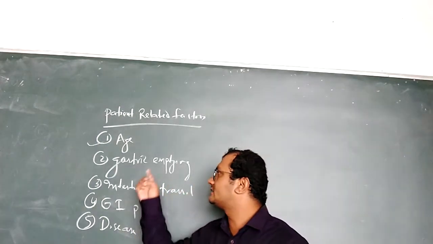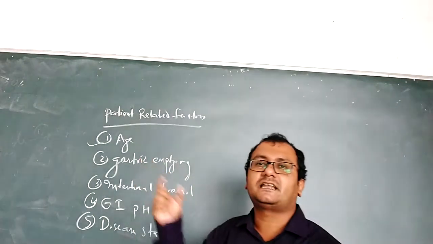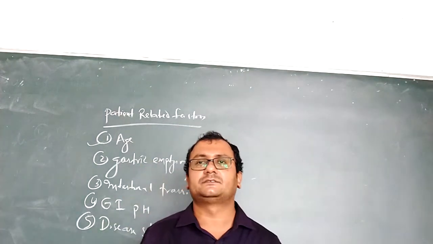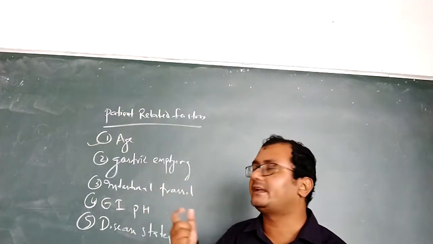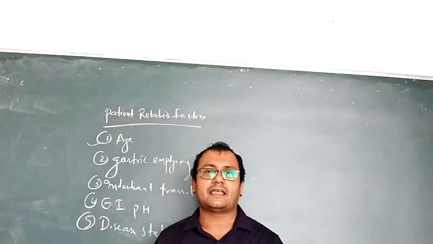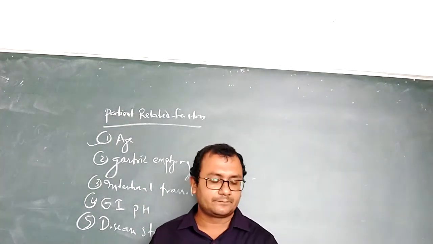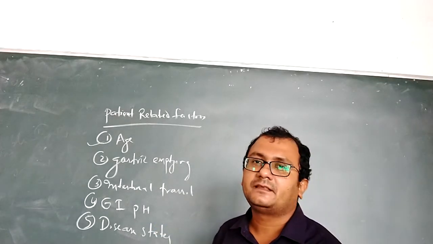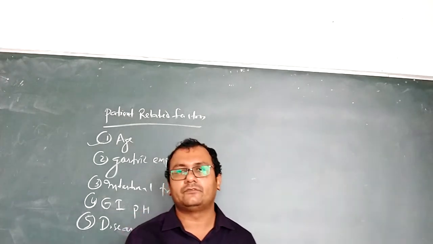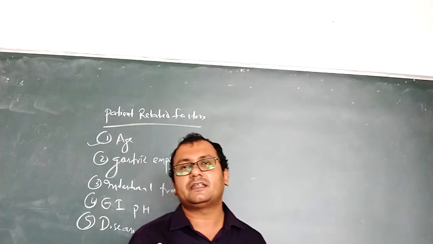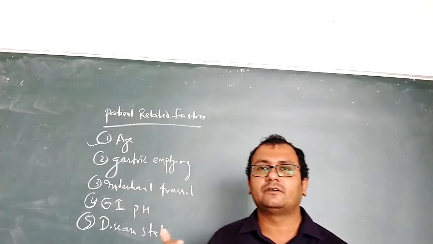It's not only these three parameters; there are many factors which individually affect gastric emptying time. Let us discuss them slightly. The first is volume of meal. If you are taking a heavy meal, a large amount of food, then the gastric emptying time will be slower. Next, composition of meal.